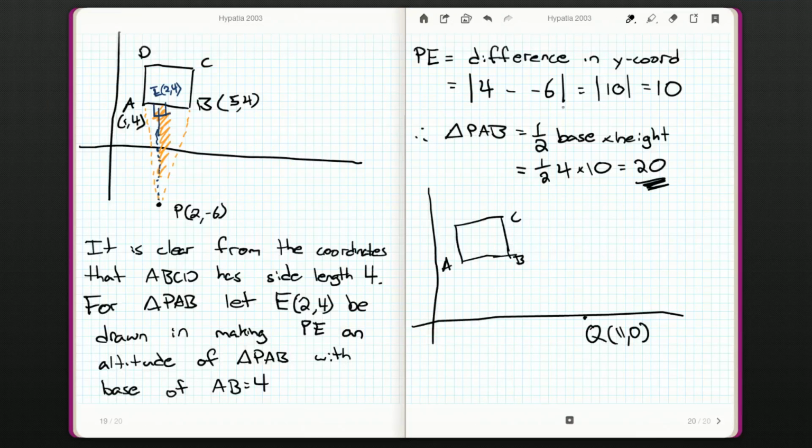A, B, C. And we'll use orange again. Actually, we'll use orange for one triangle, and we'll use pink for the other triangle.